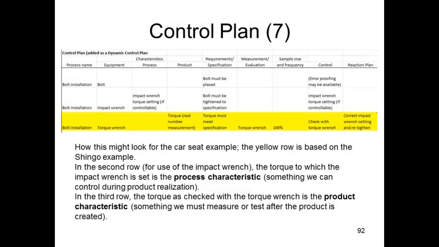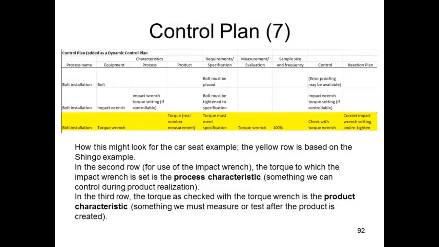Now the reaction plan is what the worker does if there's a problem. Let's say that the worker checks the bolt with the torque wrench and it's not the correct torque. Well, the next step might be to check the settings on the impact wrench, because I understand impact wrenches can be set for specified torque.